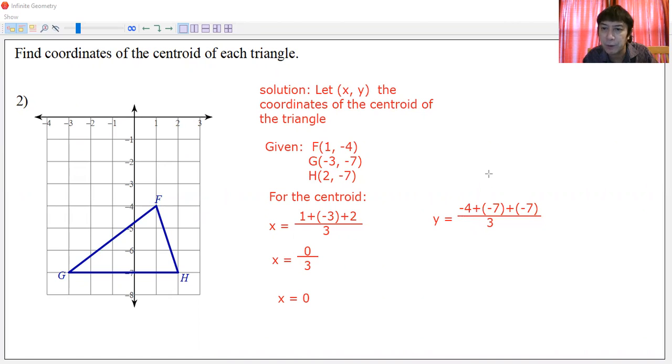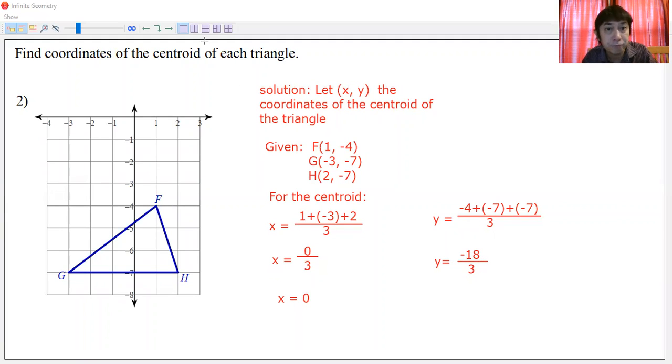And so here we have the computation. We have negative 4 and negative 7 and negative 7. That looks 14 and 4. So that will be negative 18 divided by 3 there.